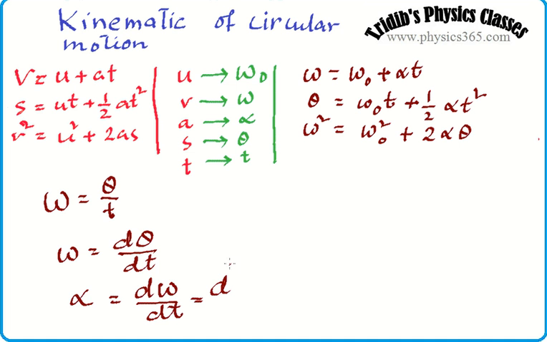So we can write angular acceleration as the double differentiation of theta, the angular displacement, with respect to time. So d2 theta by dt square is the double differentiation of theta.